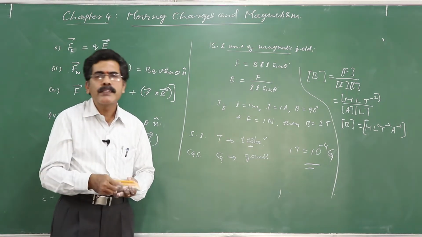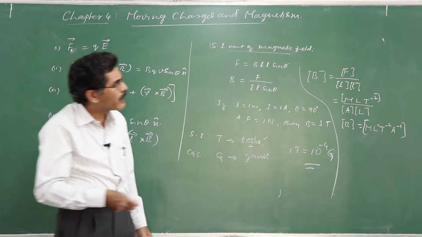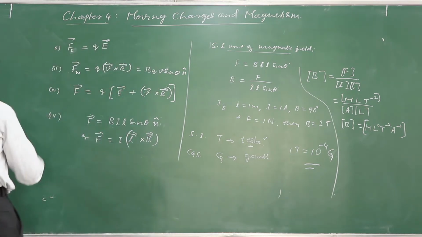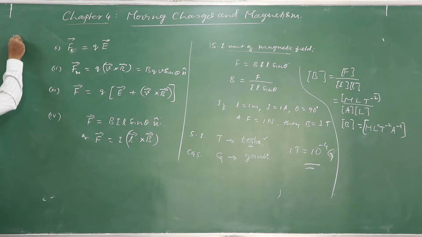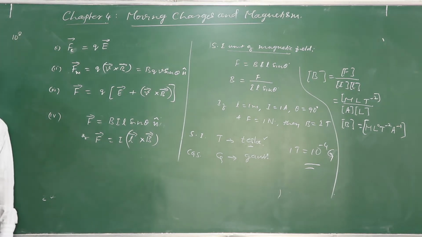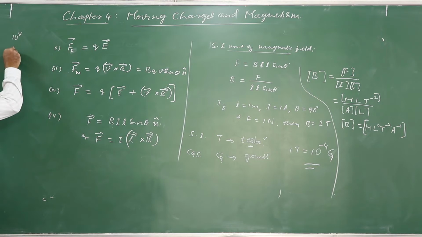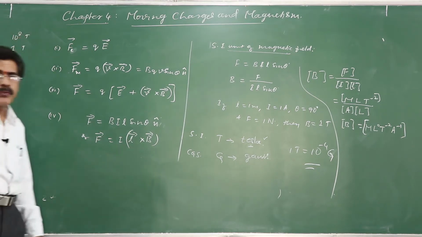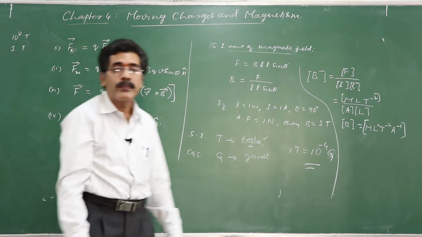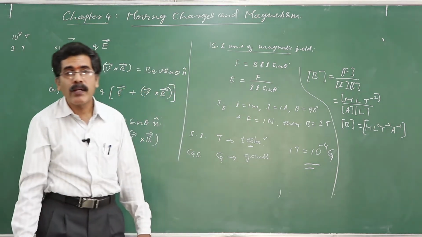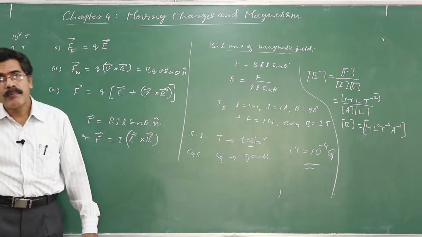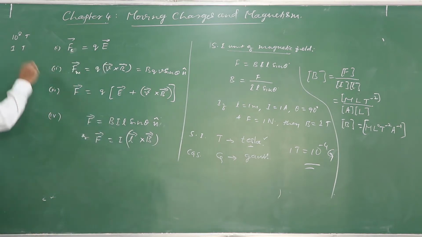See, at that stage the magnetic field is very, very high. The magnetic field at the neutron star stage is of the order 10 raised to 8 Tesla. The highest magnetic field that you can produce in laboratory conditions is of the order 1 Tesla.